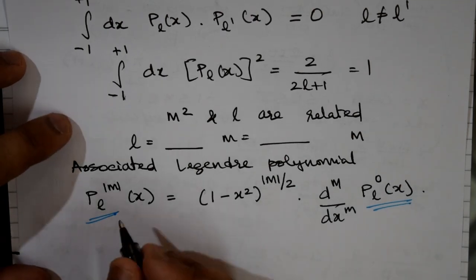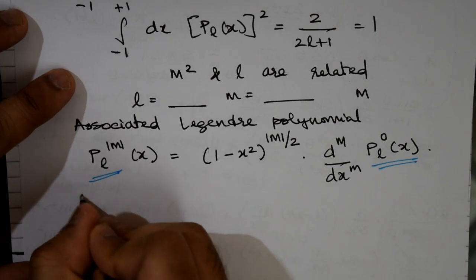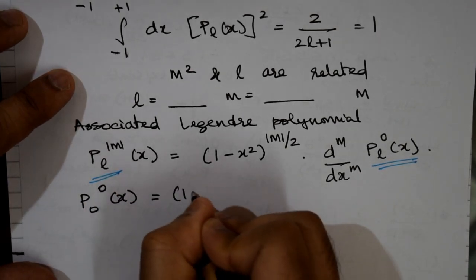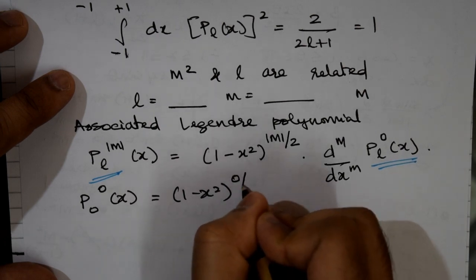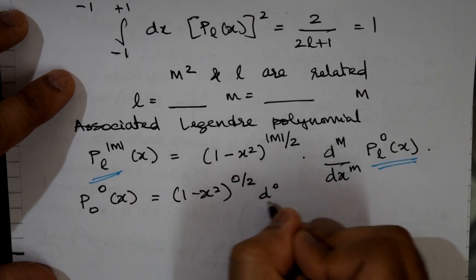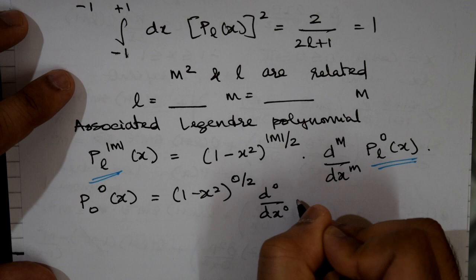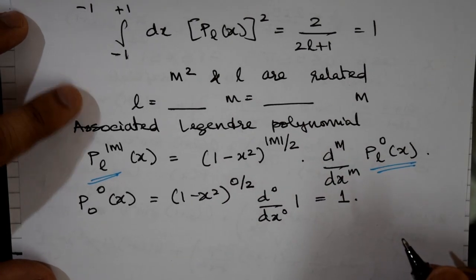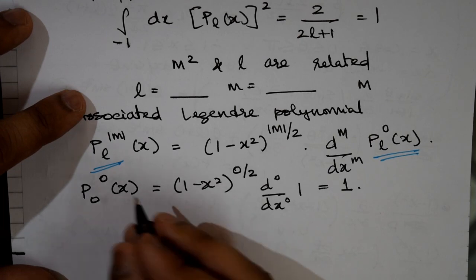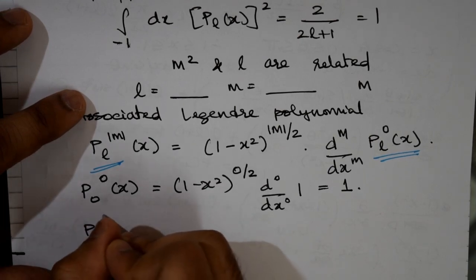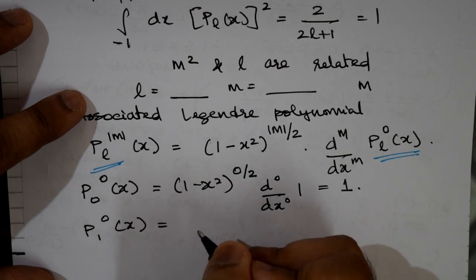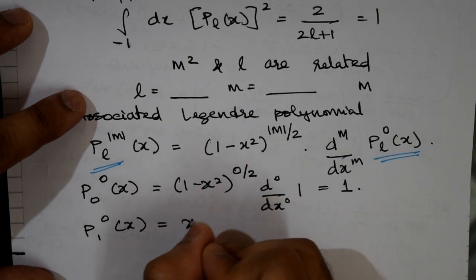So let's take a look at what is P_0^0 of x. We know for a fact 1 minus x squared to the 0 by 2, d^0 by dx^0 of 1. So this is going to be ending up as 1. This is all you are going to have. On the other hand, when we go for P_1 of 0, which we just learnt a moment back, is nothing but x itself, right?